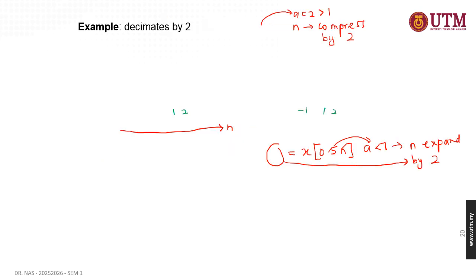Let's look at an example of scaling a discrete time signal. If you have an equation y[n] equal to x[2n], let's look at the a. Obviously a here is 2, which is larger than 1, so the n will be compressed by the scaling factor, in this case 2.